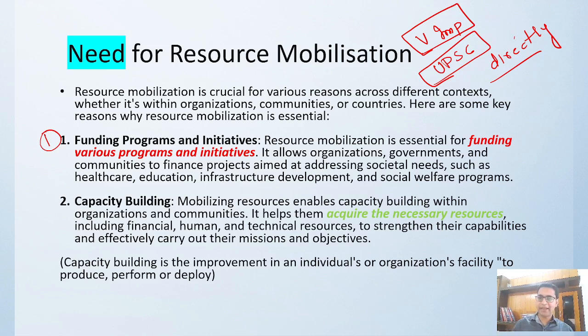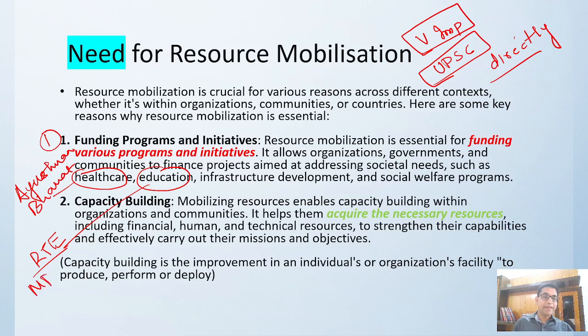If you want to work anywhere, if you have any kind of societal needs, like healthcare, education, infrastructure, you need money. Healthcare means Ayushman Bharat Yojana, right? Everybody knows. Education, Right to Education, correct.